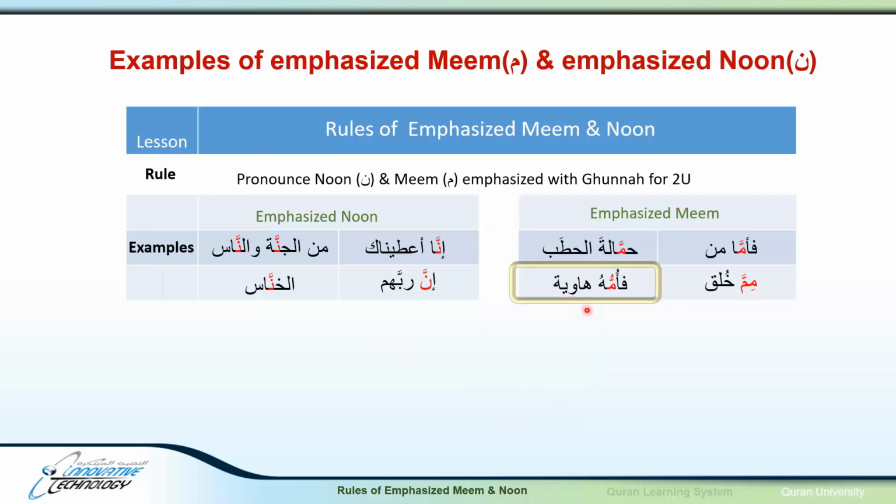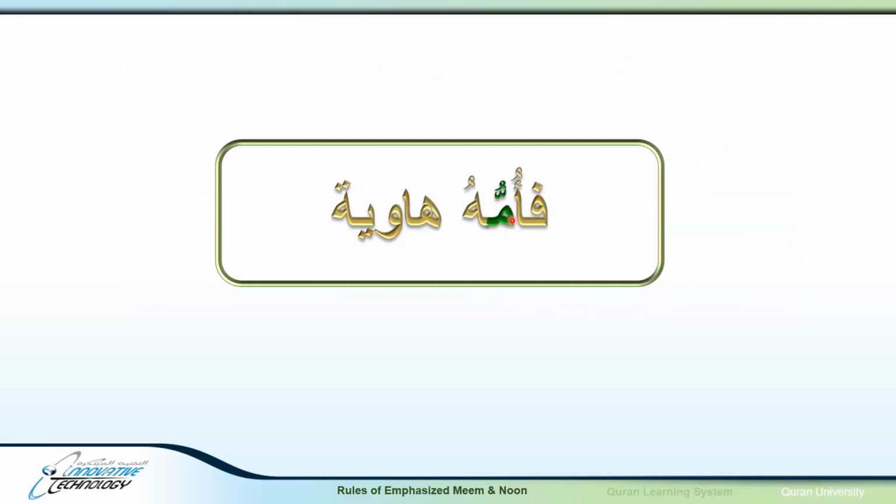Next is فأمه هاوية. Again the meem here is with shadda and dhamma, basically 2 meems, فأم, first meem with sukoon, muhu, second meem with dhamma, combined, فأمه, again given Ghunnah for 2 units.